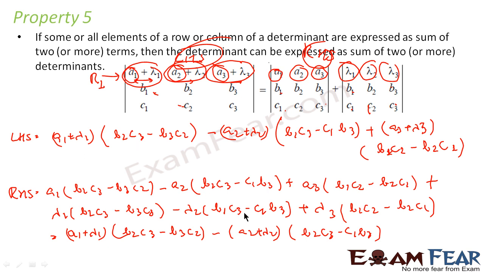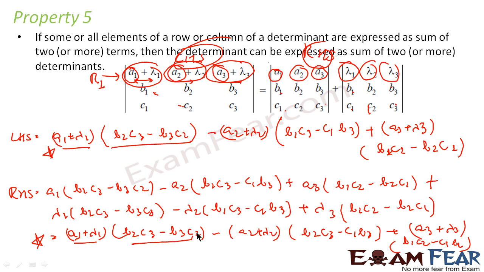Add these two, this becomes A3 plus alpha 3 into B1 C2 minus B2 C1. If you compare this and this, both are the same. Since both are the same, I can say that LHS is equal to RHS.